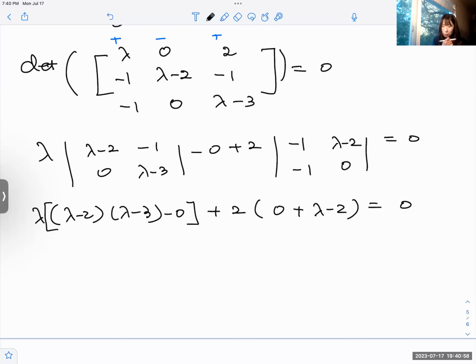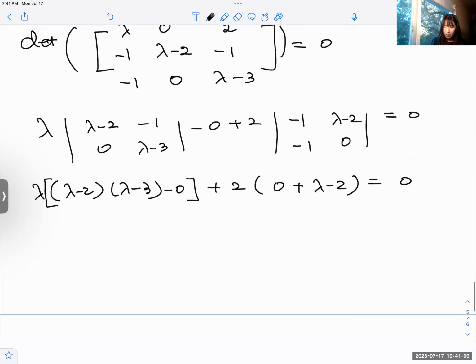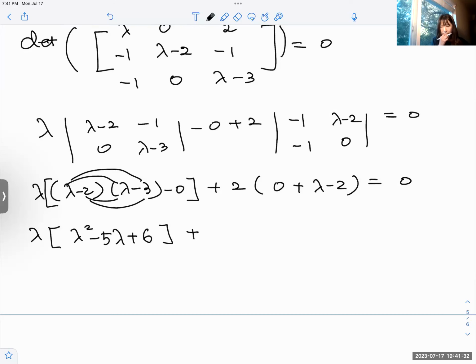Equal to 0. Okay, small mistake where? From the left side, minus 0. Oh no, never mind. Yeah, that's my bad. Yeah, you're right. Okay, thank you. All right, so we have lambda. We multiply, so there will be lambda squared minus 3 lambda minus 2 lambda, which is negative 5 lambda, plus 6, and plus 2 lambda minus 4 equal to 0.